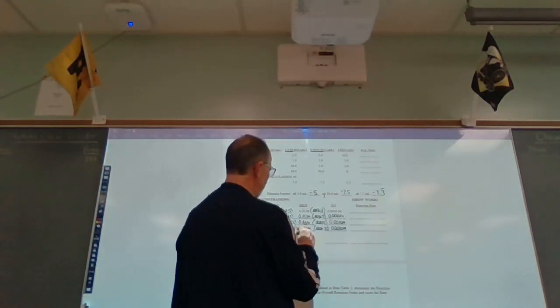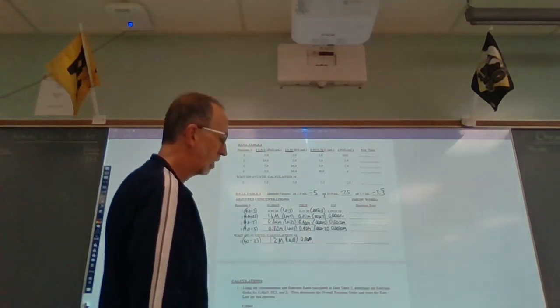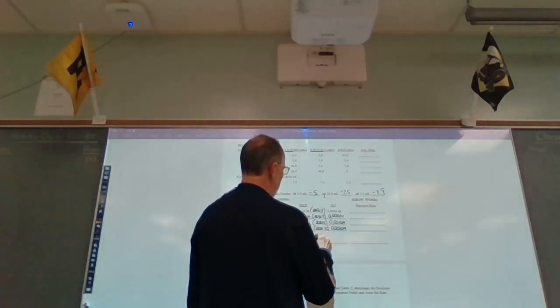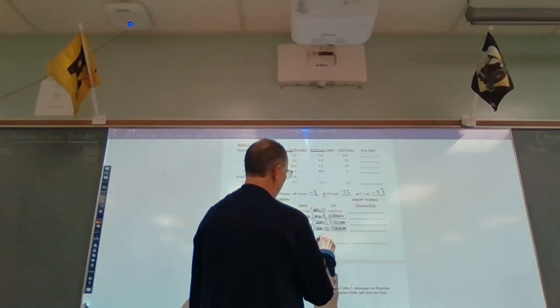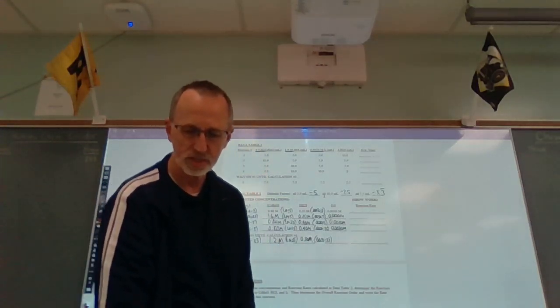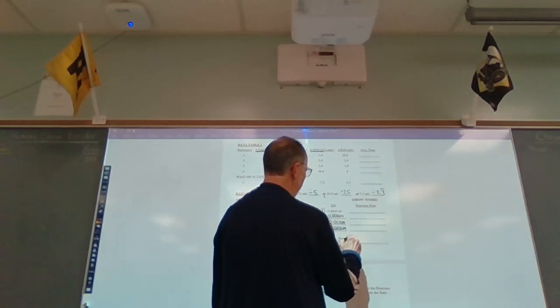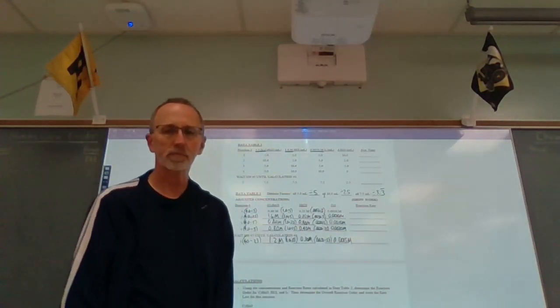We get 0.30 molar. And then if we take our original concentration of iodine, 0.0050, and divide that by 3.3 repeating, that gives us an adjusted concentration of 0.0015 molar.